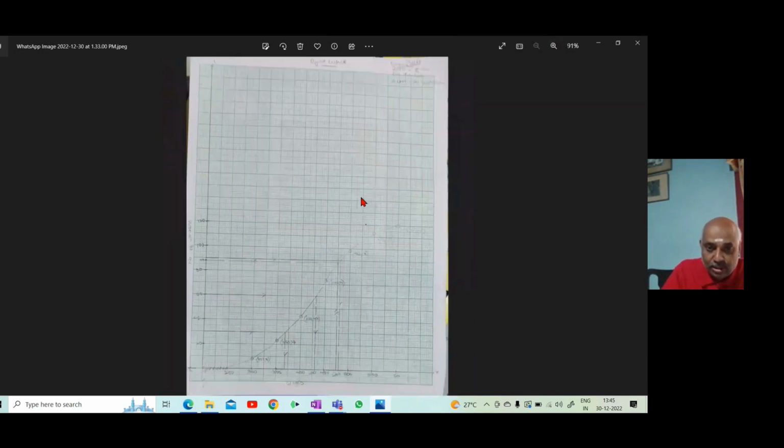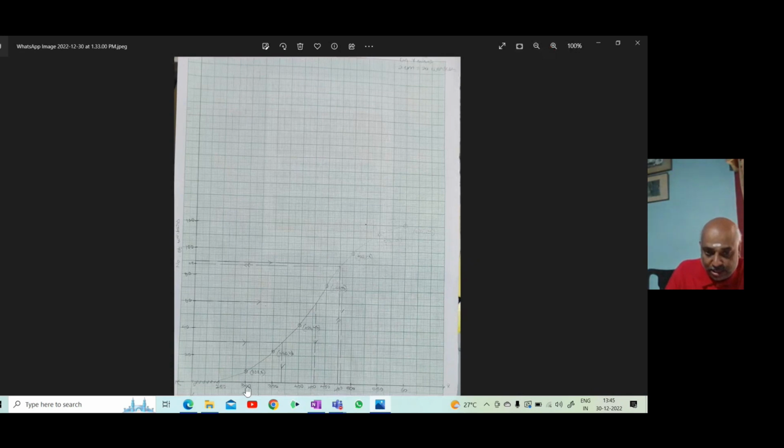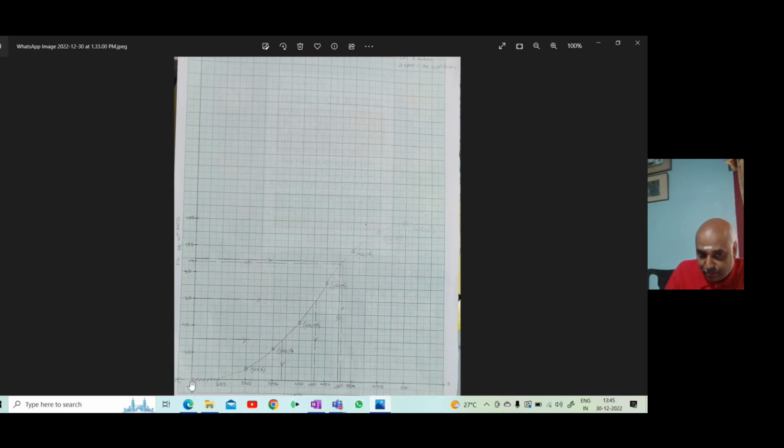Now we will be plotting. At 300 it is 8. From here till here you have 20 millimeter lines, so every 1 millimeter is 1. So it is 300, comma 8; 350, comma 23, and so on.